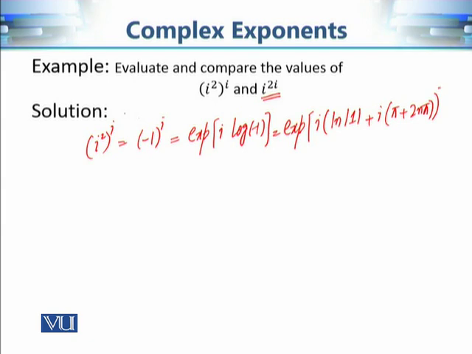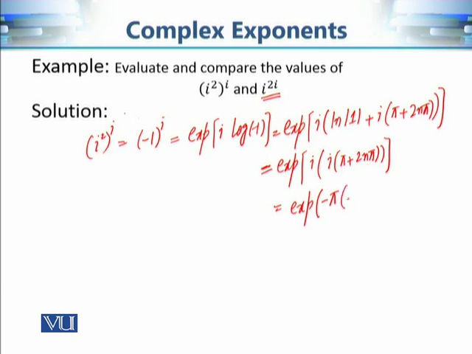This is by using the definition of log. Now log of 1 is 0, so this becomes exponent of iota times iota into pi plus 2n pi. Iota and iota become minus 1, so this is equal to exponent of minus, if we take common this pi, pi into 1 plus 2n.